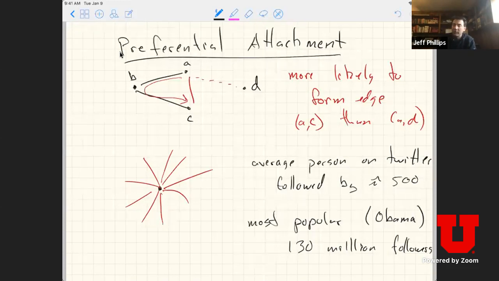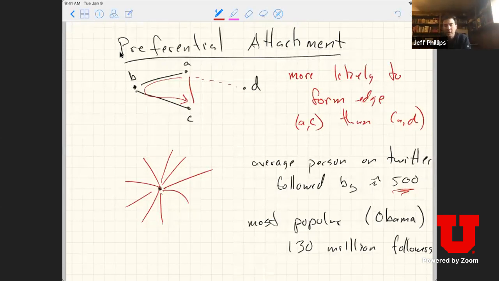The number of edges in the graph is probably, if on average 500 people are followed, the number of people on Twitter times half of that number, right? Or maybe it's still times 500, depending on how you count the edges.